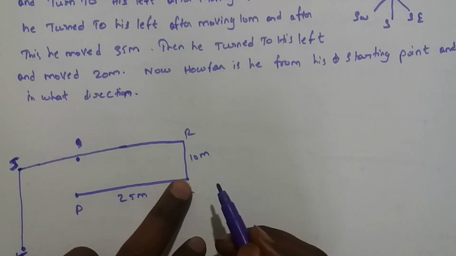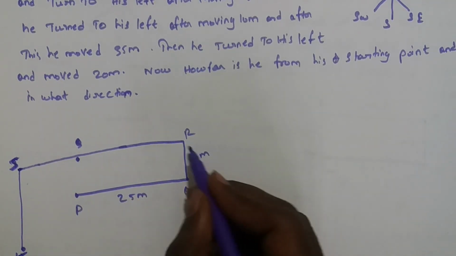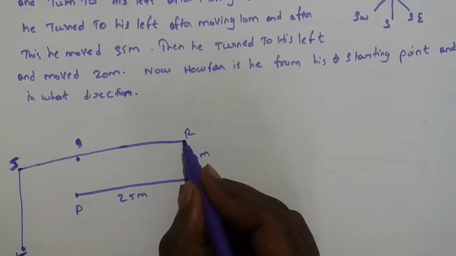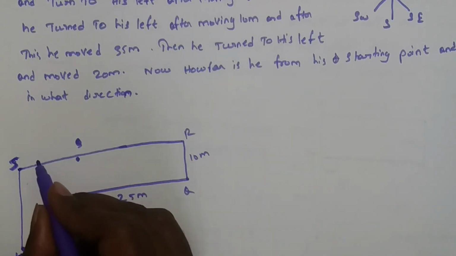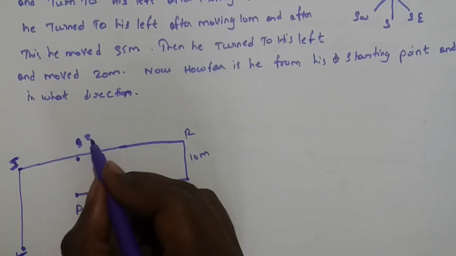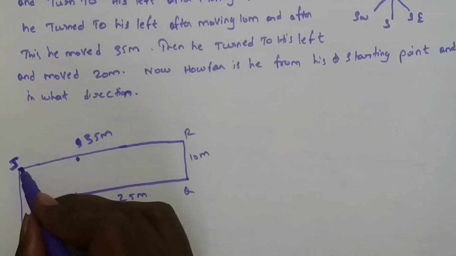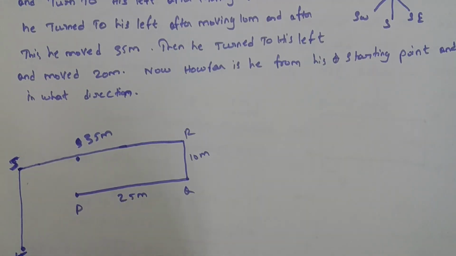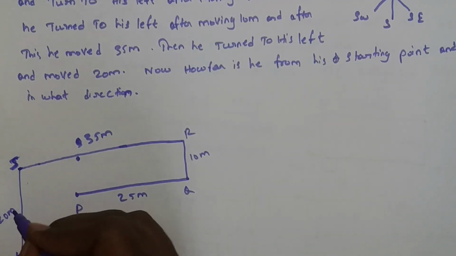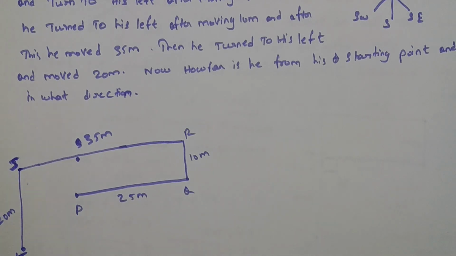Again from here he turned left and moved 10 meters. After moving 10 meters he turned to his left and moved 35 meters. Again after moving 35 meters, he turned to his left and moved 20 meters.